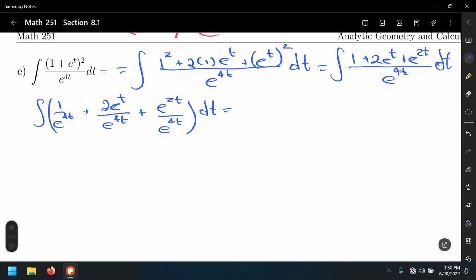So from here we can just use the laws of exponents to simplify this one. So I'm going to have this e to the 4t in the numerator with a negative exponent. And then plus 2 e to the t minus 4t. What is that going to give us?